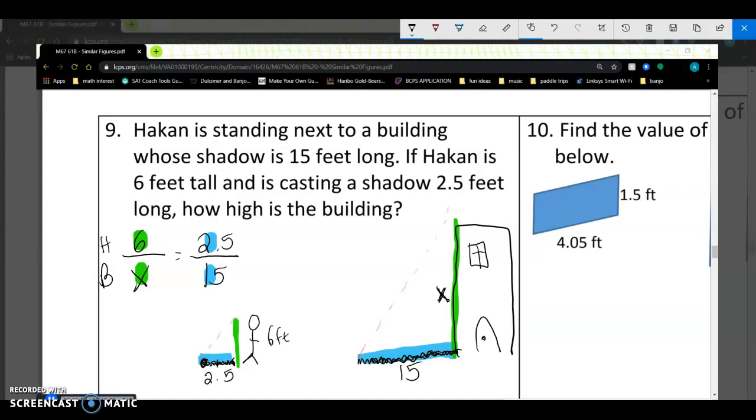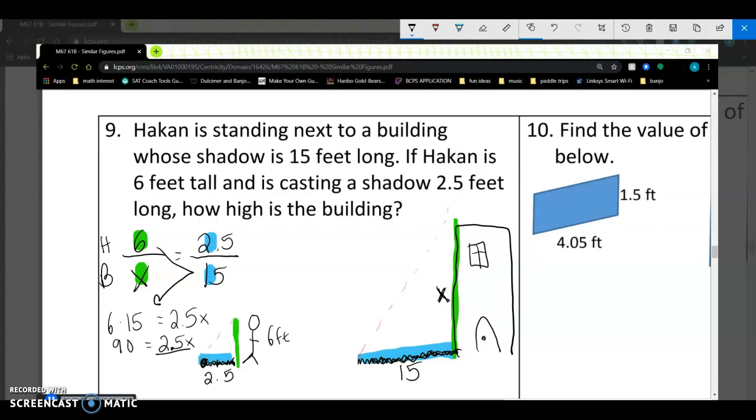Now we can cross multiply, right? 6 times 15 equals 2.5 times x. 6 times 15 should be 90, but we're going to check. 90 equals 2.5x.